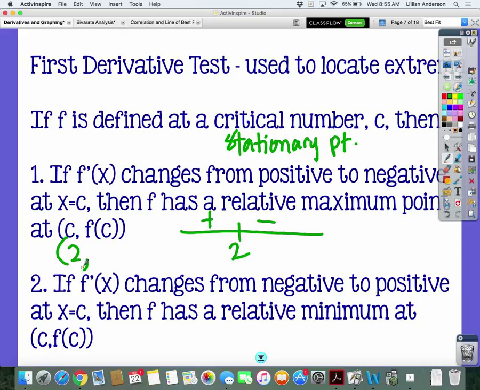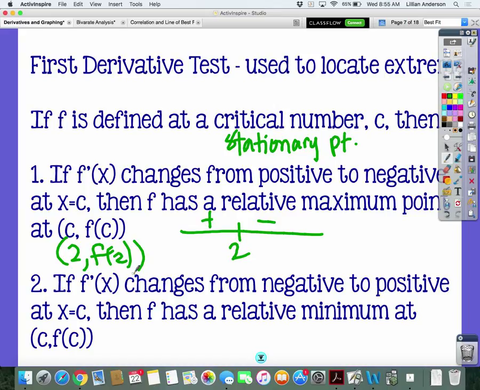Plug 2 into the original function. That's how you would figure out exactly where the maximum is on the graph of the original. And vice versa, you would set the derivative equal to 0, solve that, and then those will be the points where potentially there could be a maximum or a minimum. You do your number line, pick your test points, and see where it changes from negative to positive to determine where there's a minimum.